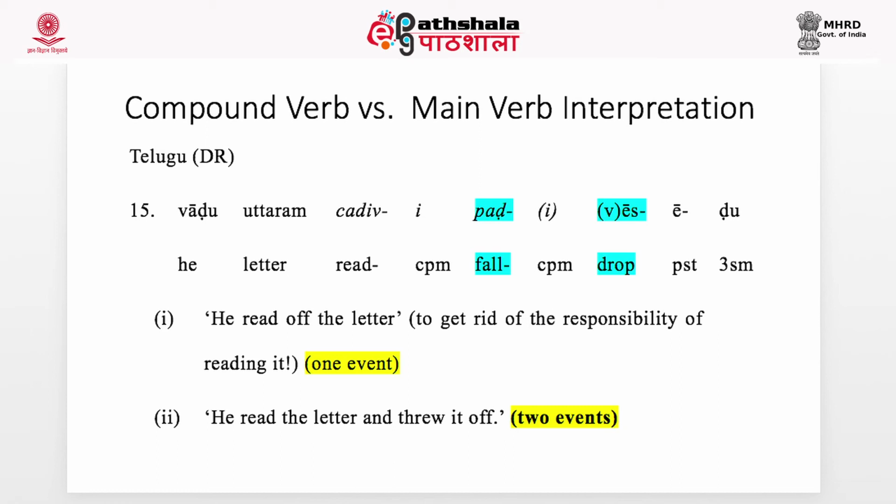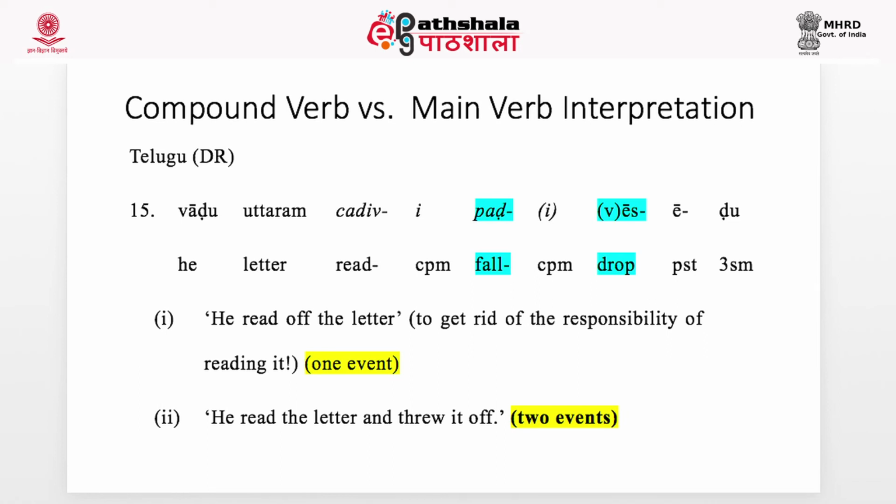Then I can say in Telugu, Vadu Uttaramu Chadivi Padi Vesadu. Chadivi is having read, the verb stem is in the conjunctive participle form, the main verb, and then the compound verb pad, fall, and vese, another compound verb, the second compound verb carries the auxiliary verb. An interesting feature of Dravidian languages is that you can have two compound verbs in a row.